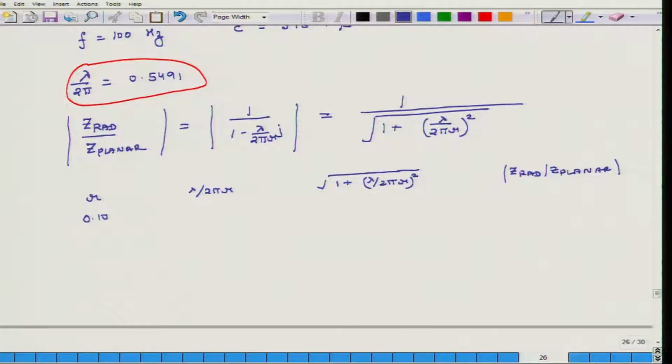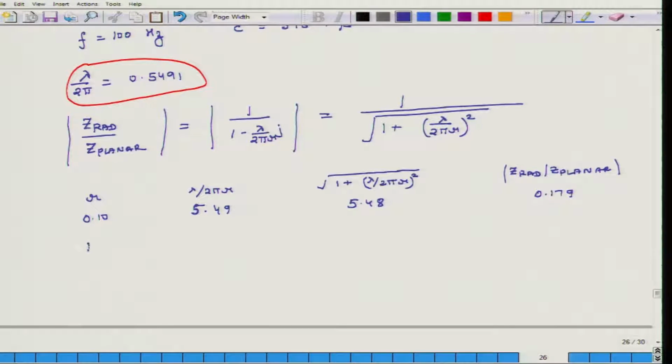So, when r is equal to 10 centimeters, this term becomes 5.49, this is 5.48, and this works out to be 0.179. So, when you are 10 centimeters away from the source for a 100 hertz wave, the radial impedance and the planar impedance are significantly different.